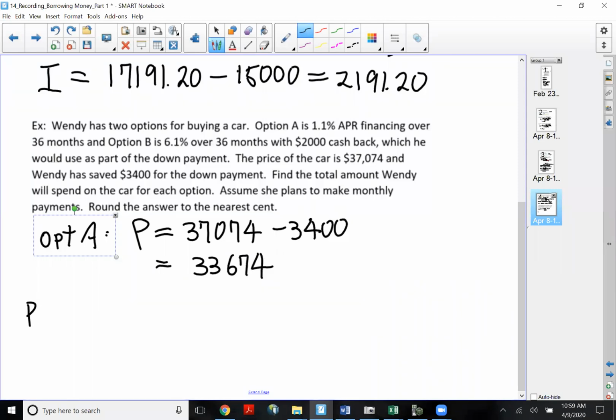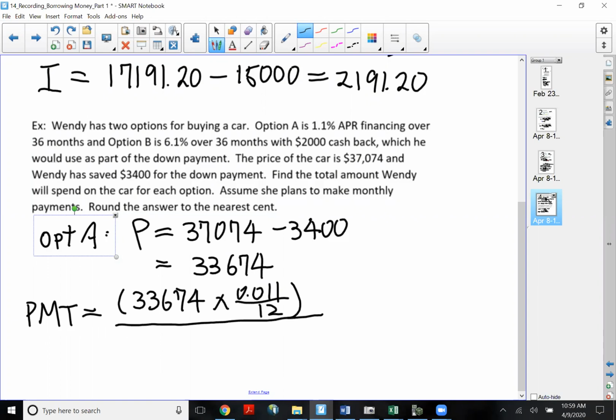So the monthly payment is P times R, the interest rate is only 1.1%, that's 0.011 divided by 12, whole thing over bracket 1 minus parenthesis 1 plus 0.011 over 12, whole thing to the negative N, where N is 12 times T. What's my T? 36 months is 3 years.